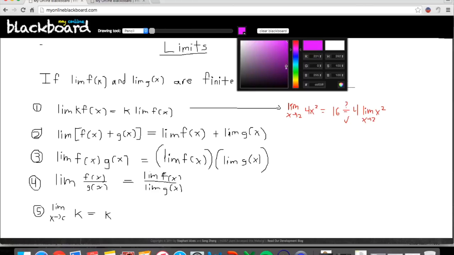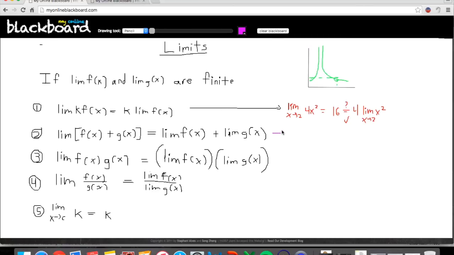Now in the second theorem, let's do this over here. It says that the limit of the sum of functions is equal to the sum of the limits of the individual functions. So let's take this example. We have f of x and g of x, so let's do x squared and x cubed at 2. So x squared at 2 is 4, plus x cubed at 2 is 8.